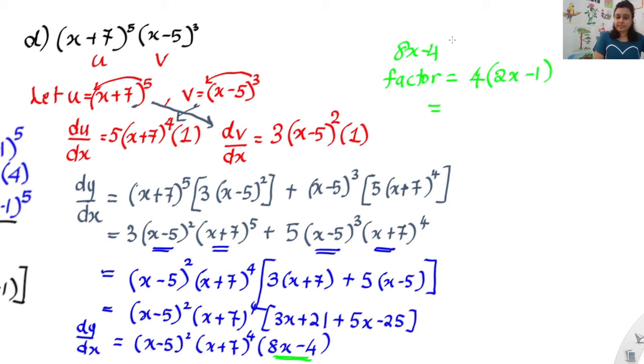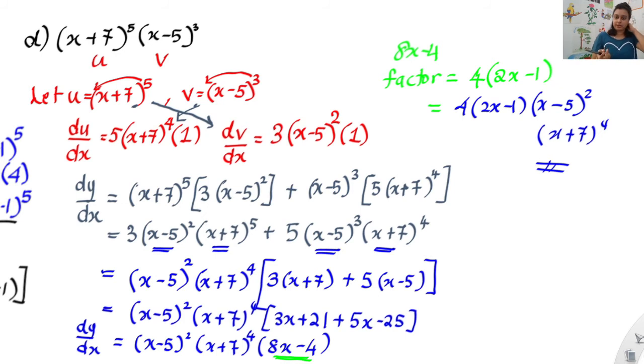So once they factor this, that's why they write that as the final answer, which is they wrote 4, 2x minus 1, then they write the others, x minus 5 power 2 and x plus 7 power 4. So they did factorize this out. That's why in your textbook, the answer is like this. Okay, done. Now let's move to question E.